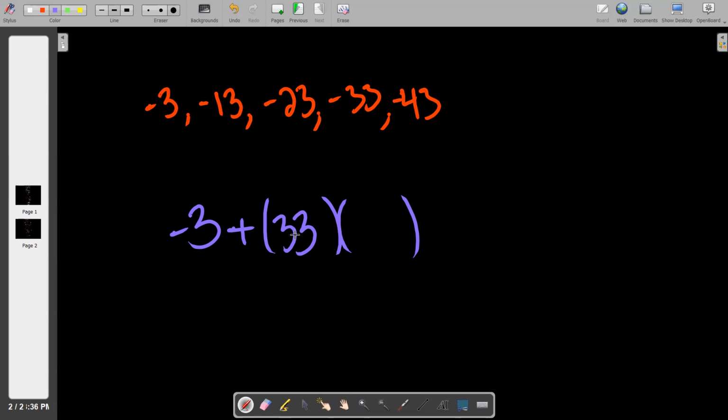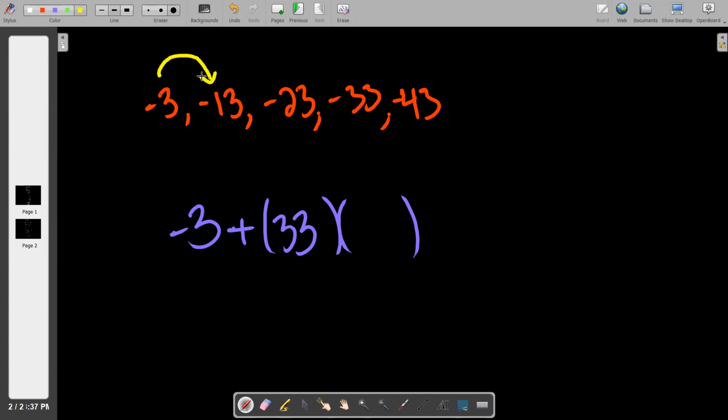Whatever position you want to get to, just take 1 away from that, and that's how many moves. That's it. Now the other number is, what is the sequence doing each time? How does each term become the one after it?